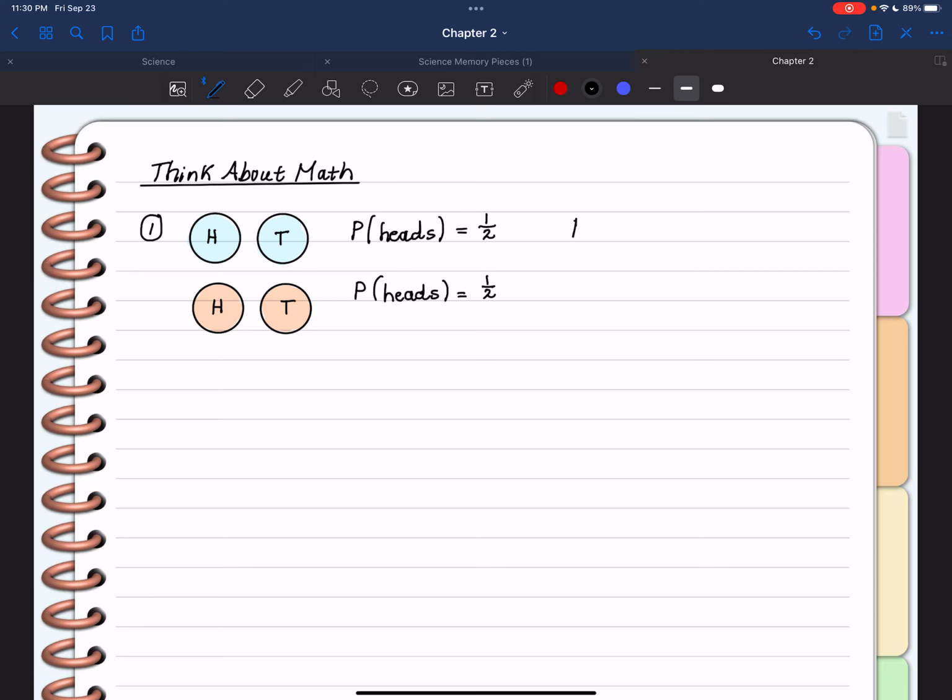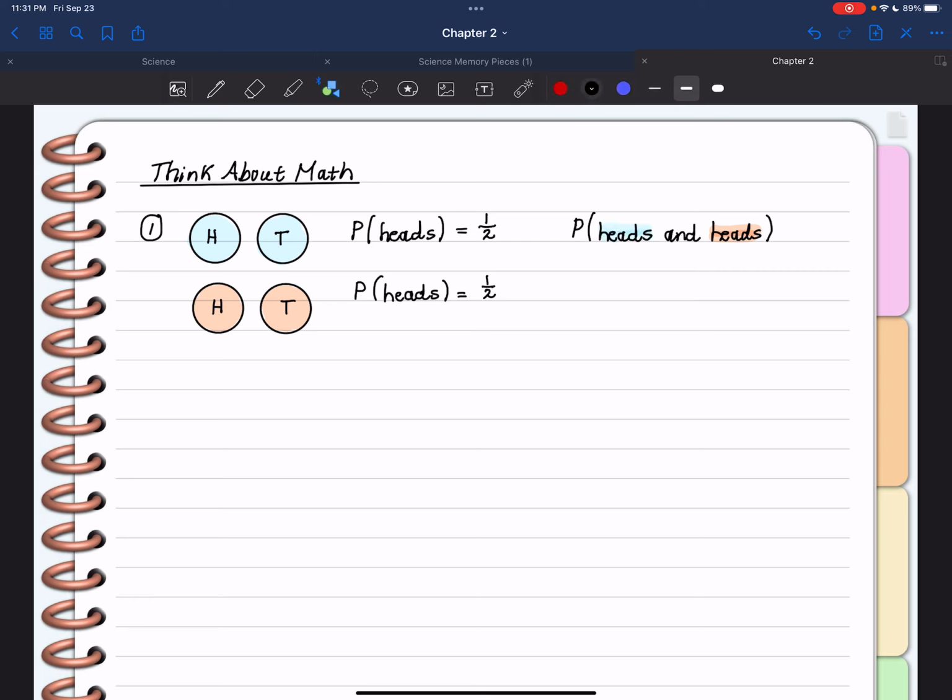So here's what we're looking for. The probability that the blue coin will land heads up and the orange coin will land heads up. All right, now think about what I'm saying here. Orange will land heads up, blue will land heads up.